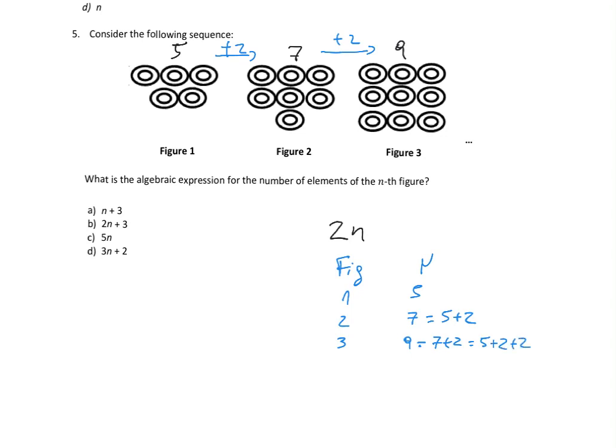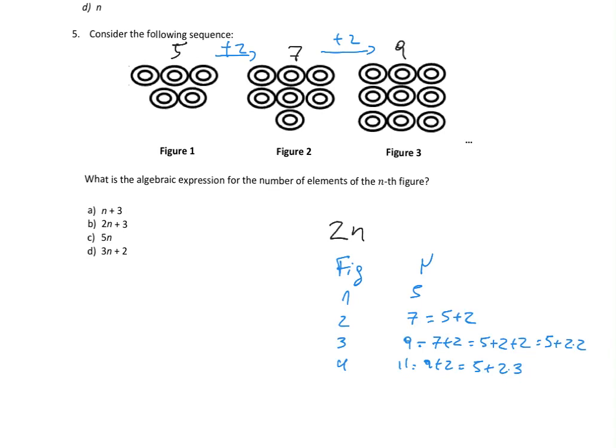Yeah? And that is also 5 plus 2 times 2. Yes. So the next one is going to have 11, which is 9 plus 2, which is also 5 plus 2 times 3, and so on. So you see, 2 times something arises naturally from there.